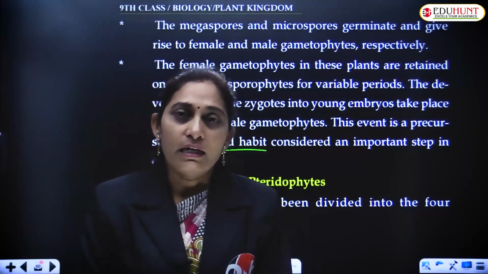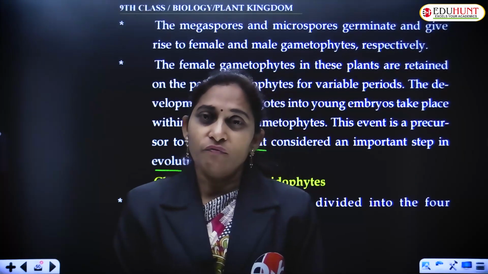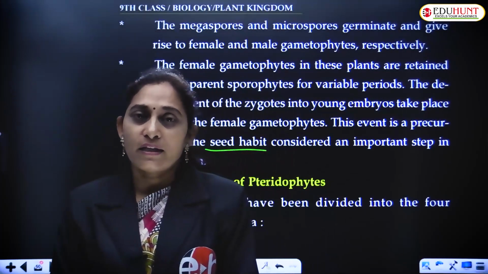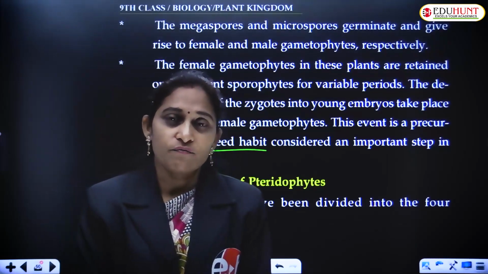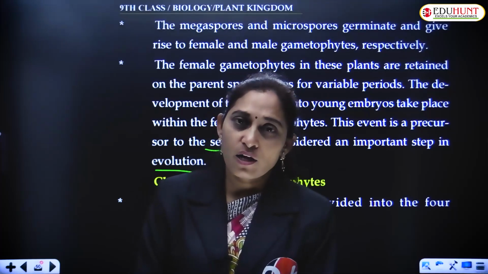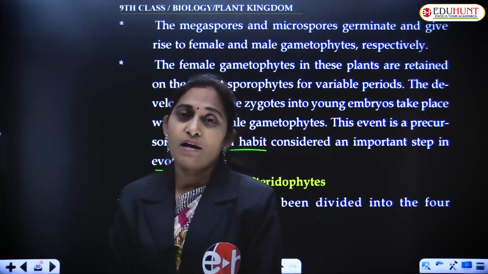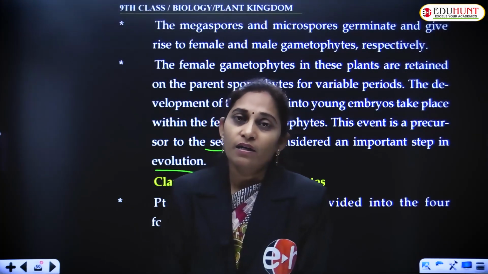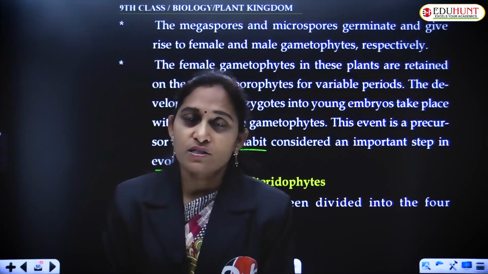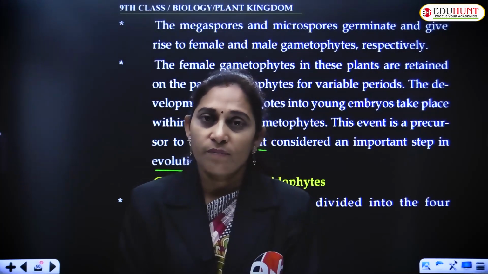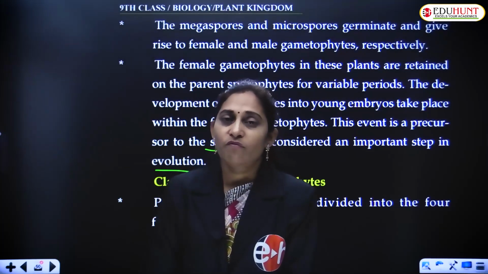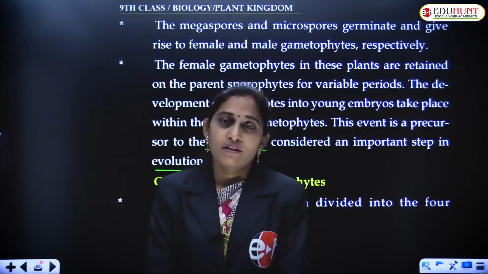Just remember the main features, unique features and various examples of pteridophytes. Pteridophytes are the first land plants, the first terrestrial vascular plants, also called vascular cryptogams. They developed vascular tissues, xylem and phloem, for the first time, and true leaf, stem and roots. The sporophyte is the dominant phase of the life cycle.